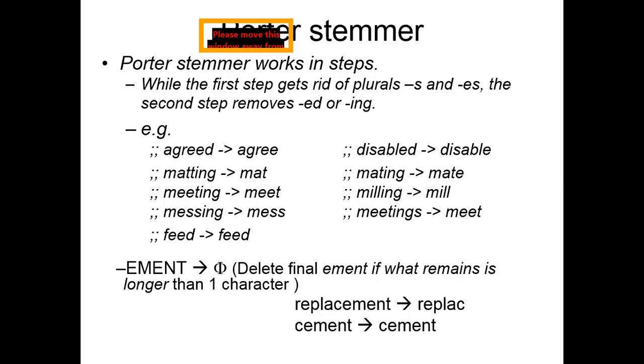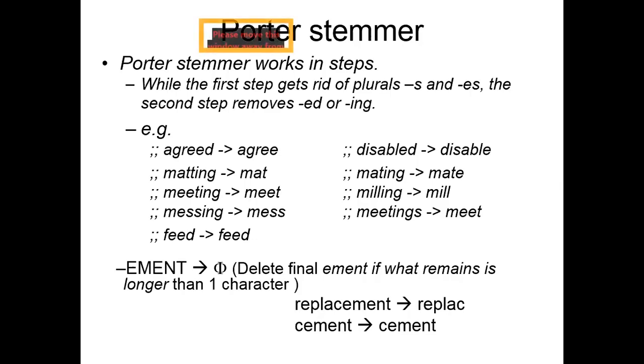The word cement, again, is constructed using EMENT next to C. If you remove them, only C is left. That means one character is left with no meaning, which is mixing with other C's.